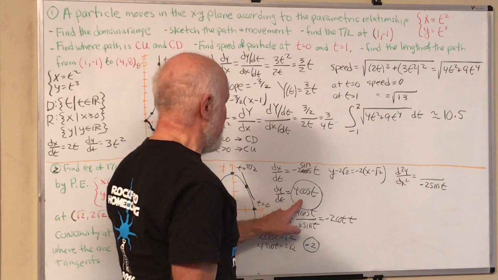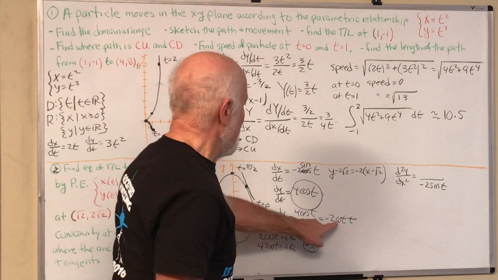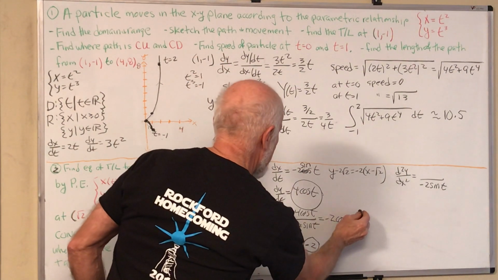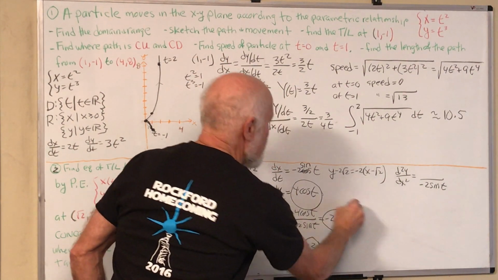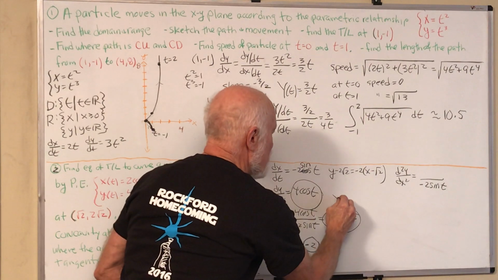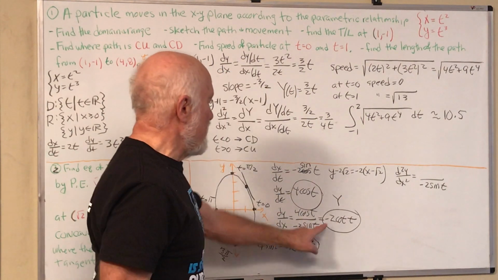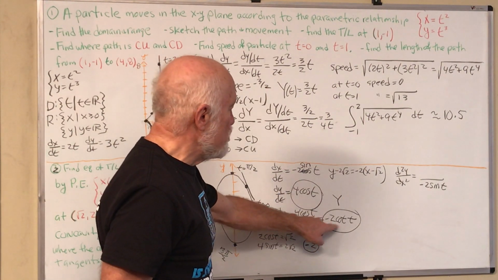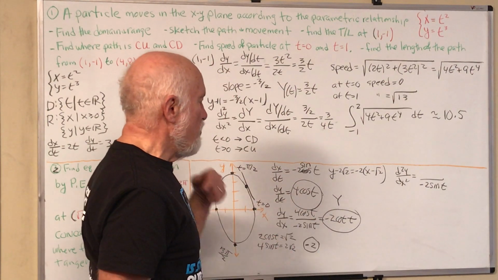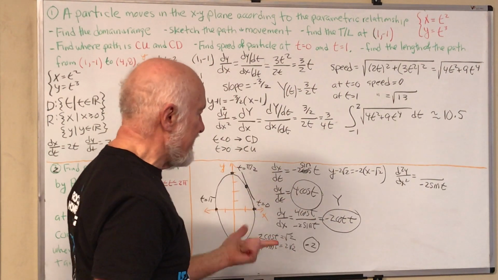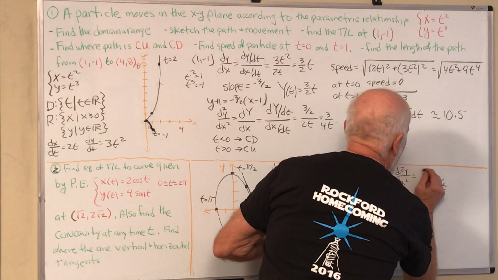So what's the derivative of this? I'm sorry, not this, but here's my new dy dx. So that becomes my new y. What's the derivative of -2 cotangent of t? Well, all cofunctions have negative, so that means I'm going to get a positive 2.